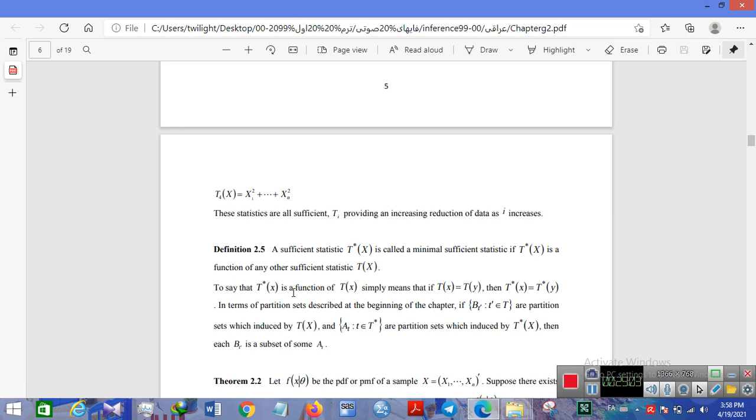The definition is given by that. A sufficient statistic T star(x) is called the minimal sufficient statistic if T star(x) is a function of any other sufficient statistics. So T star(x) is a minimal sufficient statistic if T star is a function of other sufficient statistics.